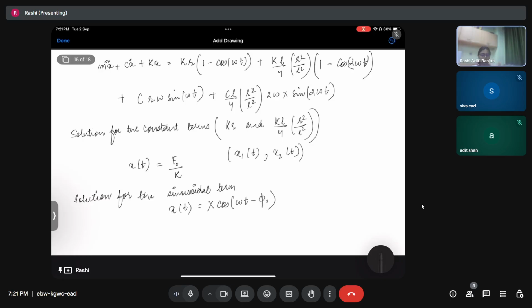Phi s for sinusoidal, phi c I'll use for cosine, where we have X as nothing but f naught divided by k minus m omega. Okay, maybe I should use capital omega over here because omega we have already used.